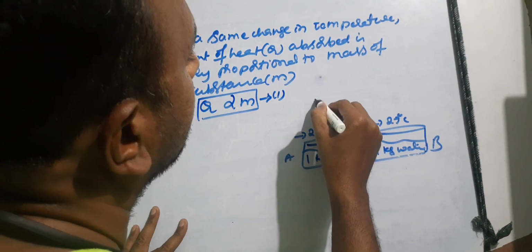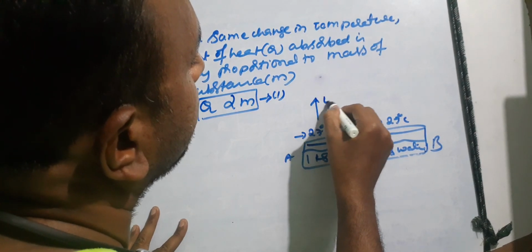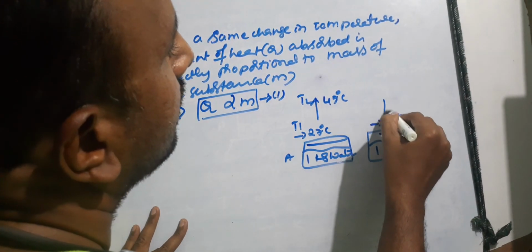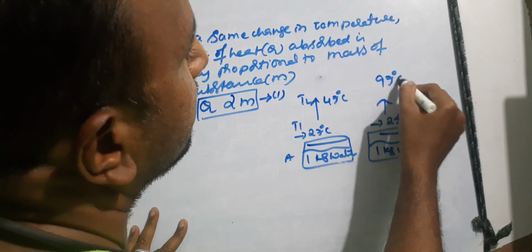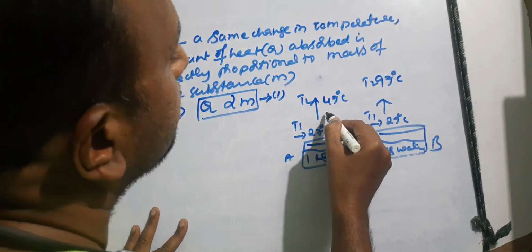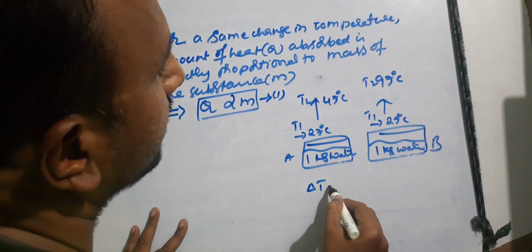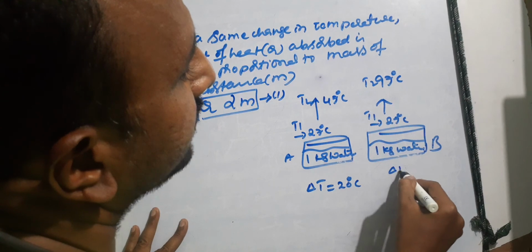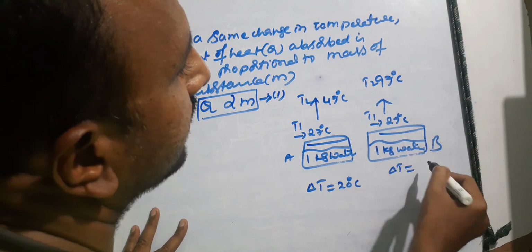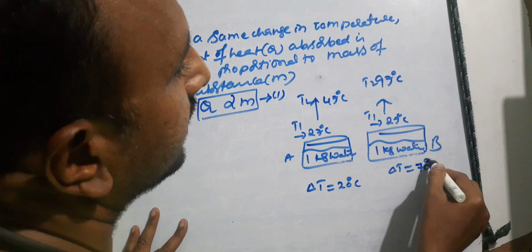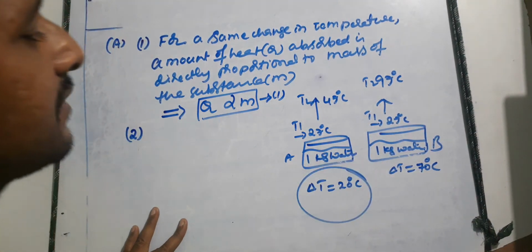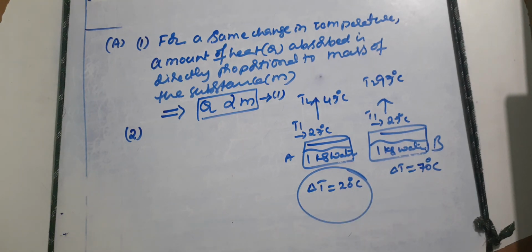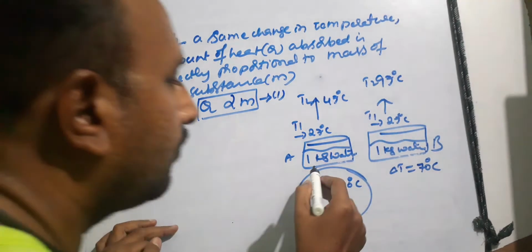We want to raise the temperature of A to 47 degrees Celsius, that is T2, and B to 97 degrees Celsius. So the change in temperature in A is 47 minus 27, that is 20 degrees Celsius. In B it is 97 minus 27, that is 70 degrees Celsius.